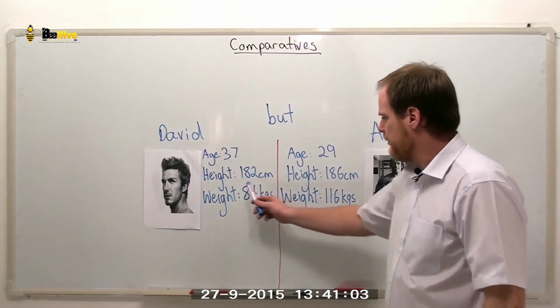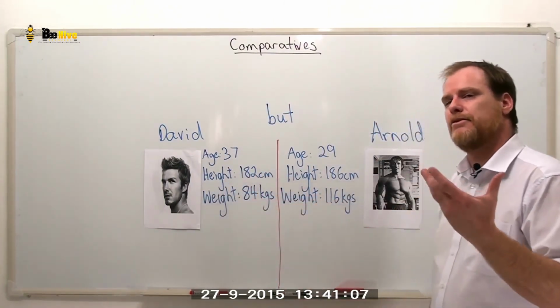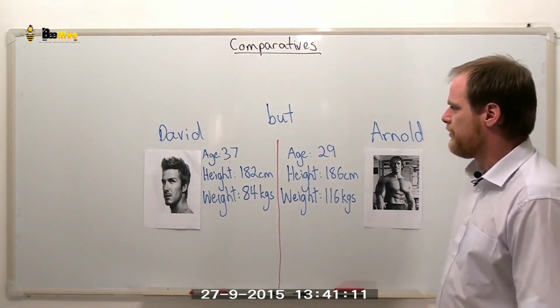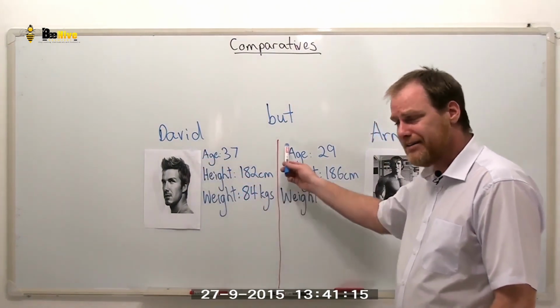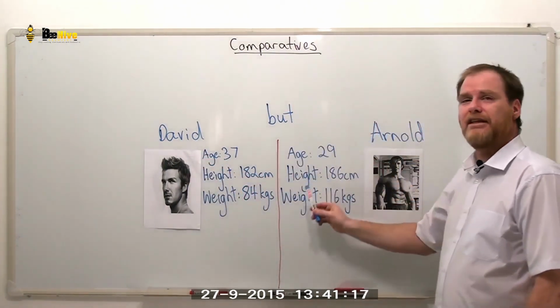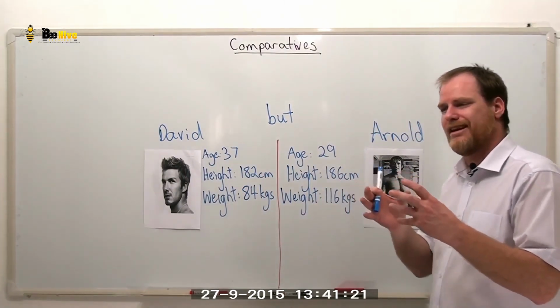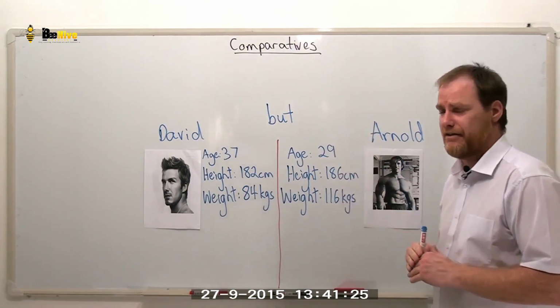So if you look at the height of these two, they are both tall. Do you understand? So they are both tall. So you can say David is tall, but Arnold is taller. Okay? So this is when you have two things that are similar, but you want to say one is a little more than the other.